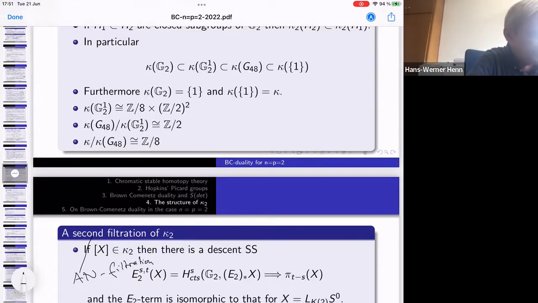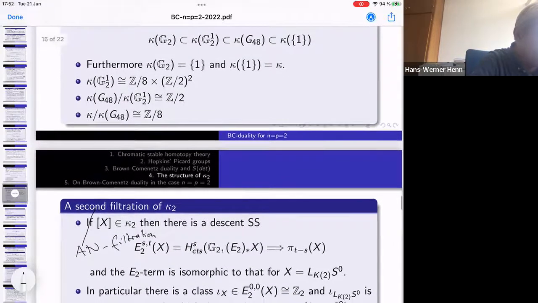And the top filtration quotient, we know what P plus gives in the top filtration quotient. It gives this generator, which, if we take the right isomorphism, corresponds to the element 1. So a priori we have an uncertainty modulo kappa G21. But in fact we know more.